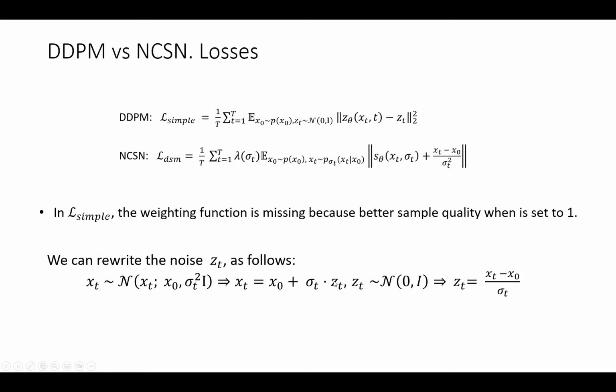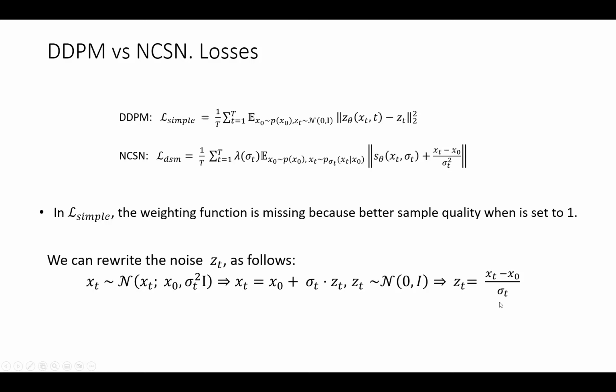So this will become XT based on X0. Okay. Now if you look at this one, we can take X0 to the left side, so it becomes XT minus X0, and then bring sigma T into the denominator, and that'll become ZT. And that's what we have here. So ZT is XT minus X0 over sigma T.